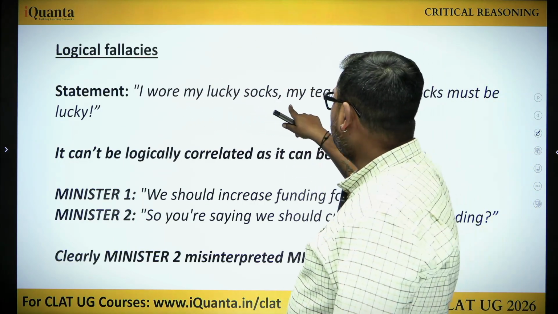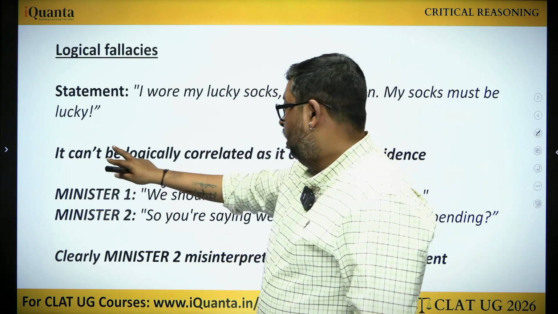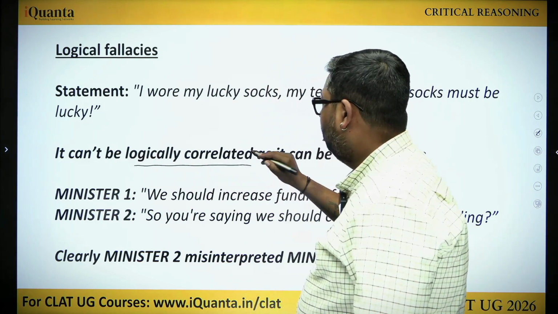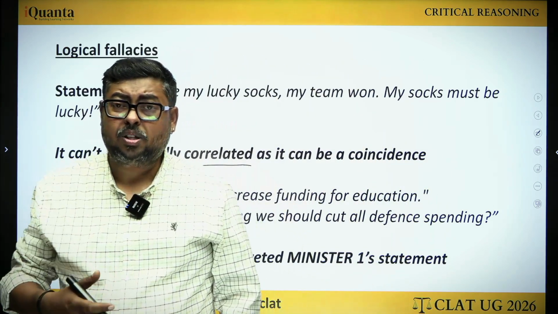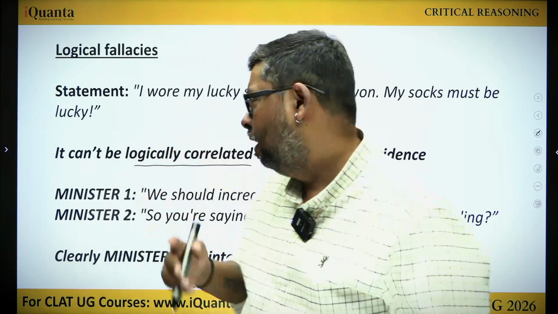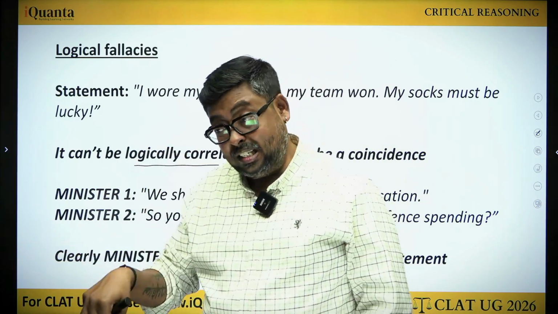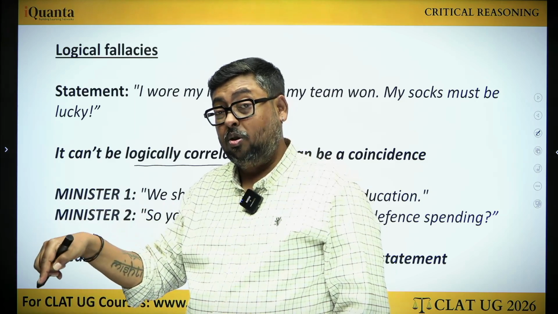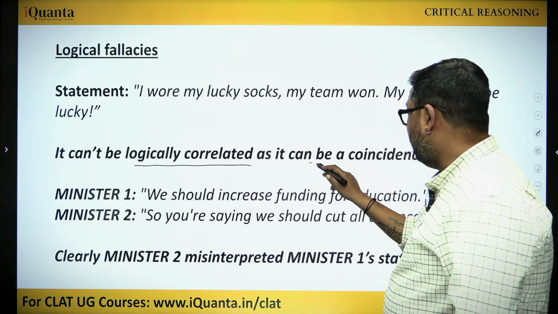I wore my lucky socks, my team won, my socks must be lucky. It can't be logically correlated. There is no logic behind it that I would wear my lucky socks and every time I'm going to win, right? Or for that matter, that this pair of socks is actually lucky for me. No, nothing like that, as it can be a coincidence.